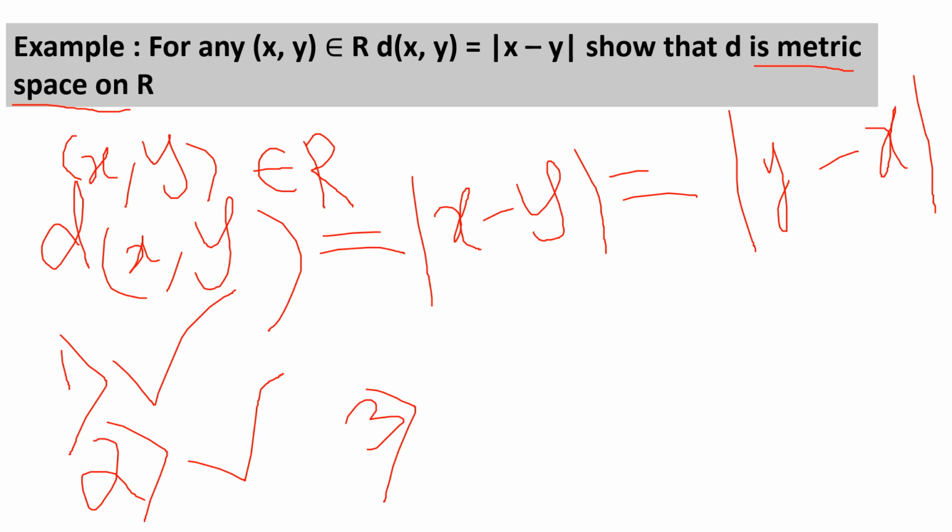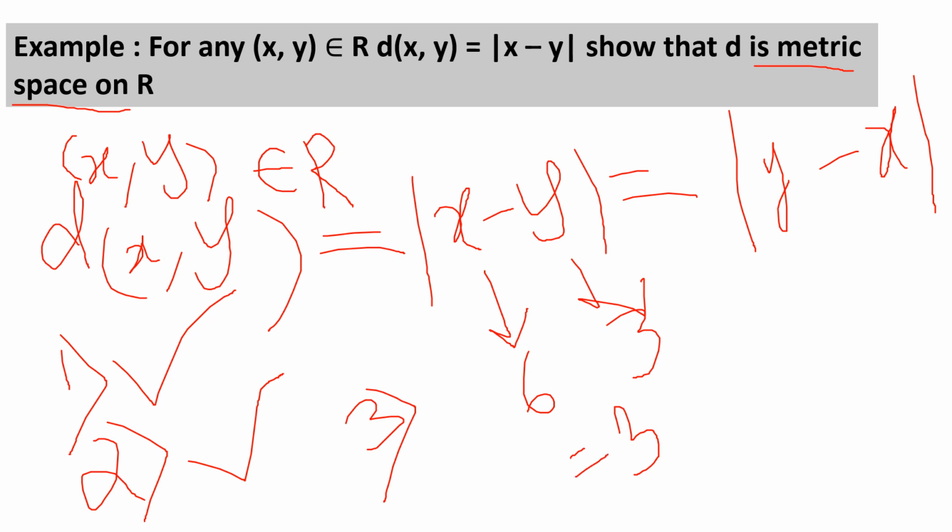Let us take an example. We take the x value as 6 and the y value as 3. Therefore, mod x minus y is 6 minus 3, which gives 3.